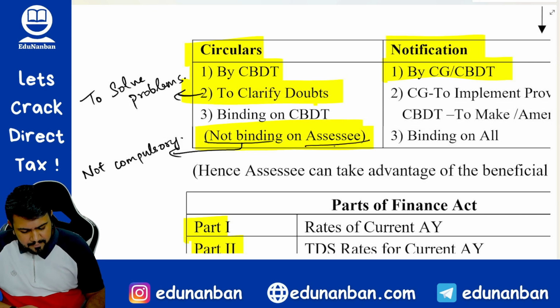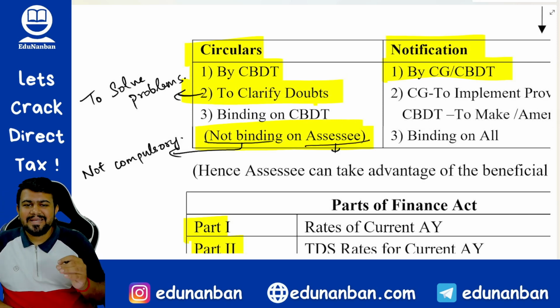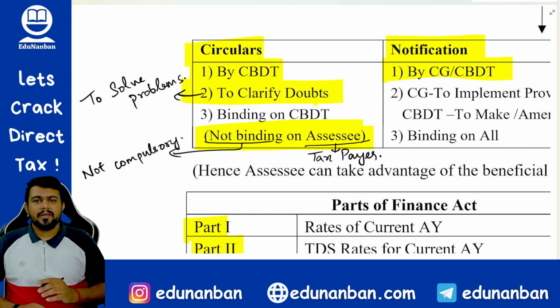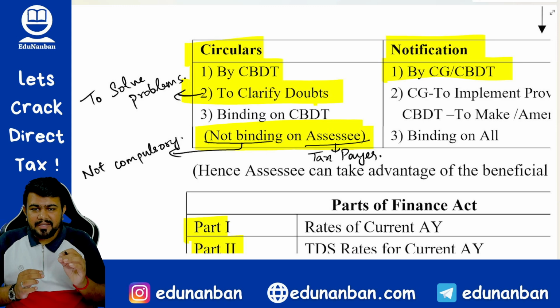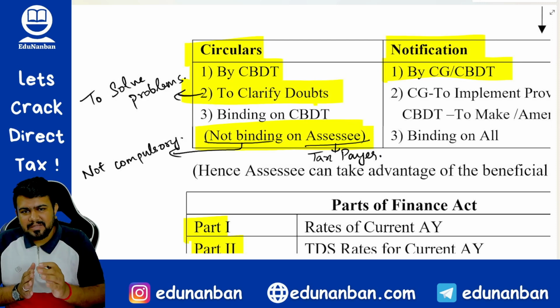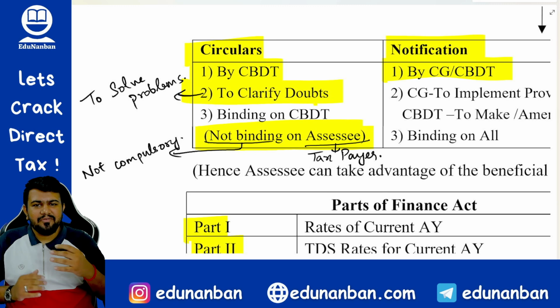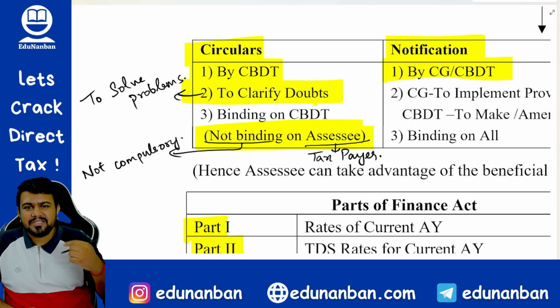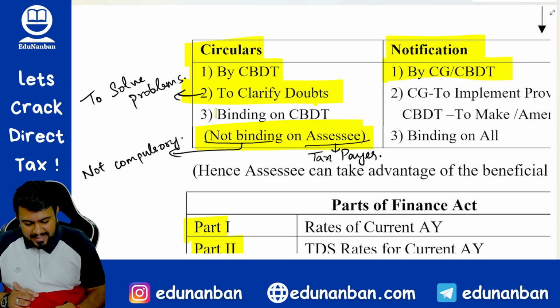Assessee means what? We are going to learn about the assessee in detail in the coming classes, but for now you just understand assessee means taxpayer. Since CBDT does not have the power to change the law, the circulars given by CBDT are not compulsory for us to follow. But since CBDT themselves are giving the circular, it is binding on CBDT.